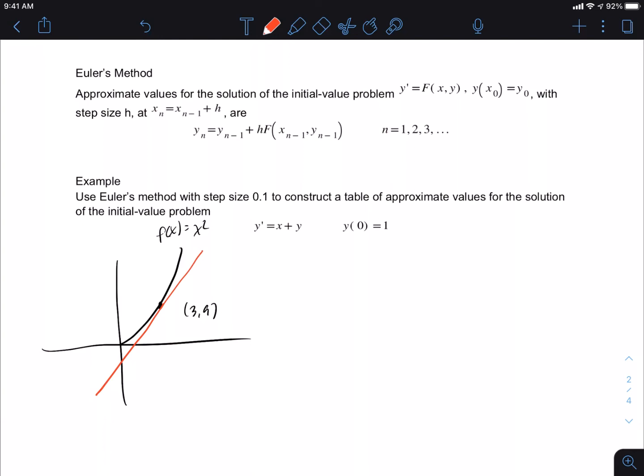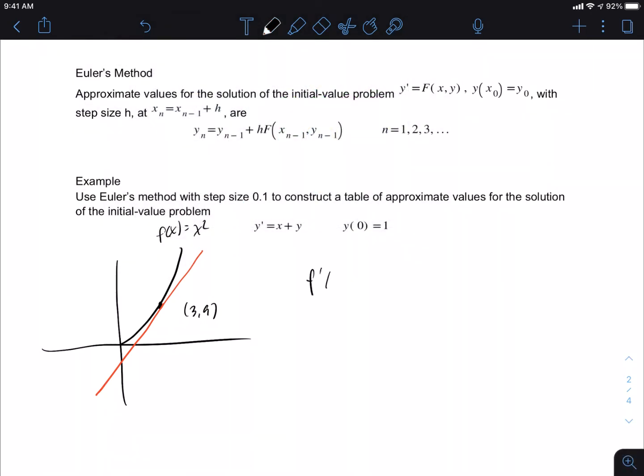So my a in this case was 3. I could have used 3.1 and use the derivative to come up with a very good approximation, correct? Do you guys remember that from Calc 1?